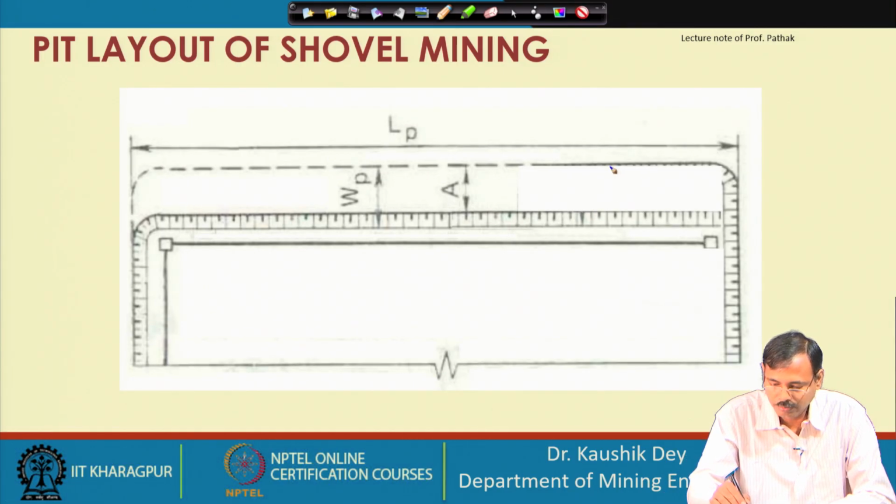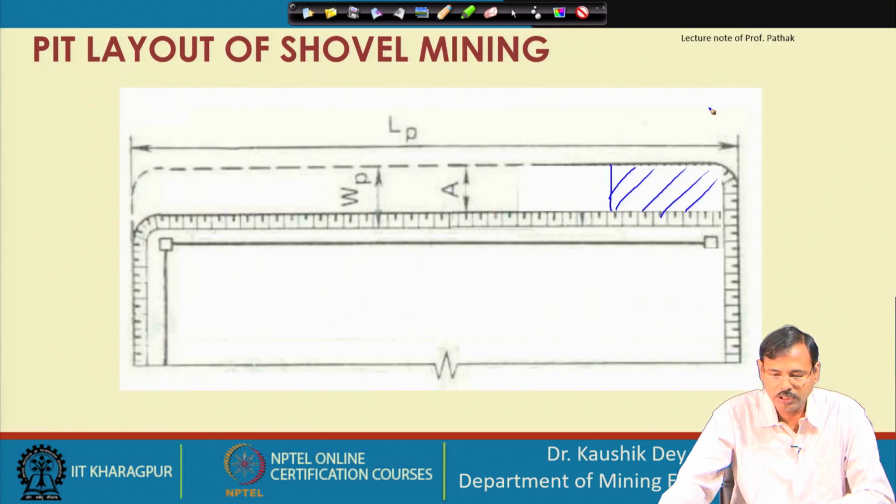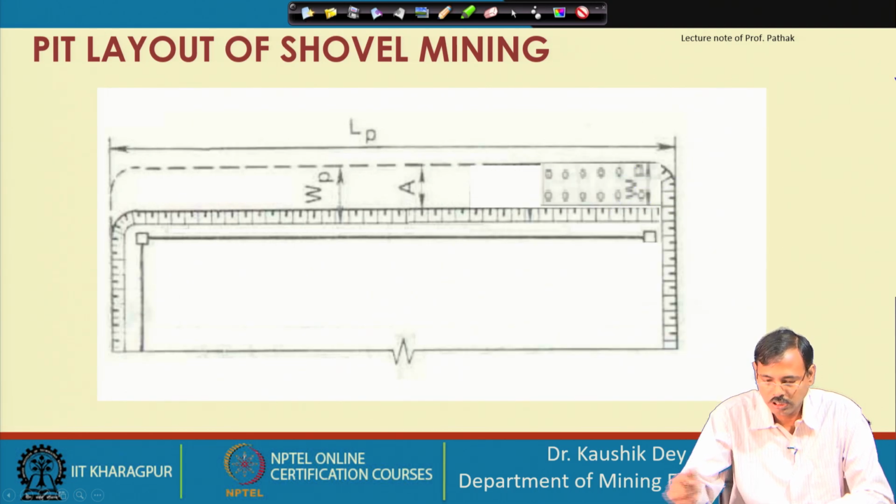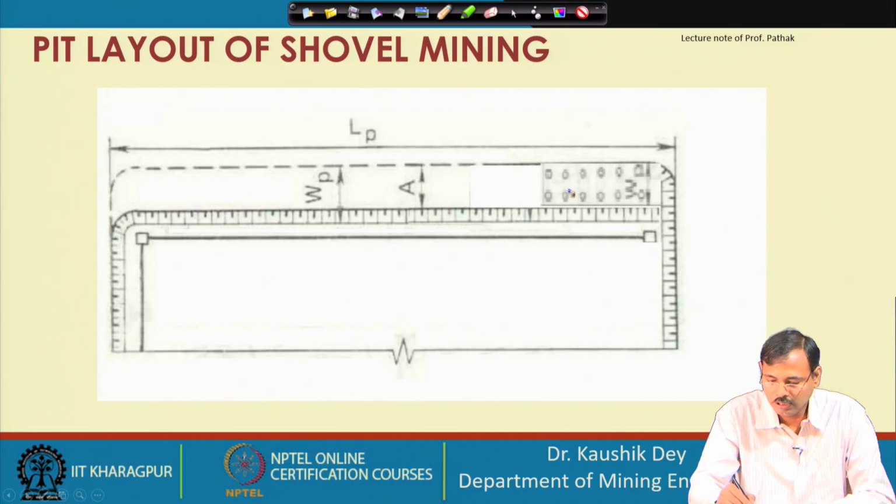We will try to excavate this part first, and to excavate it, we have to carry out our drilling. These are the drill holes, we have carried out drilling at this position, then we go for blasting.